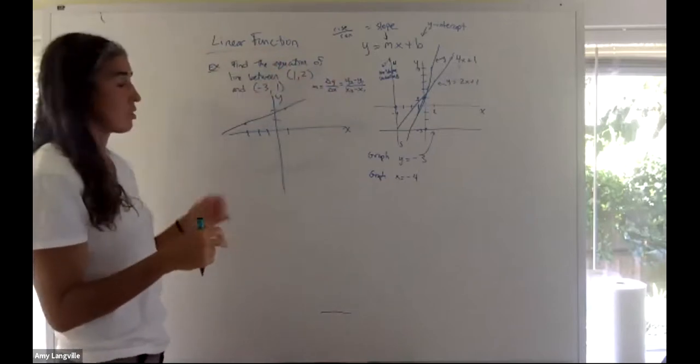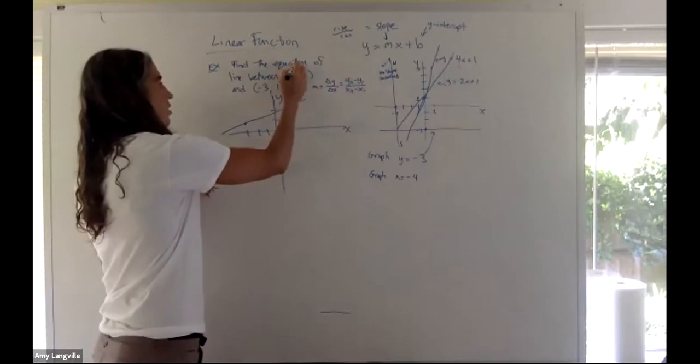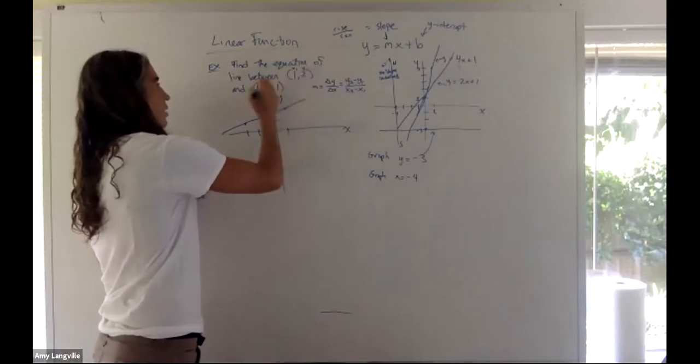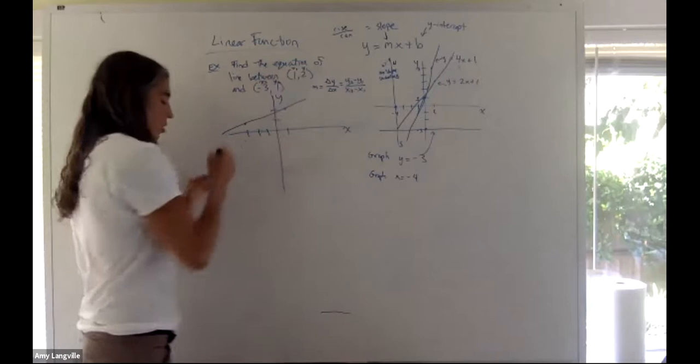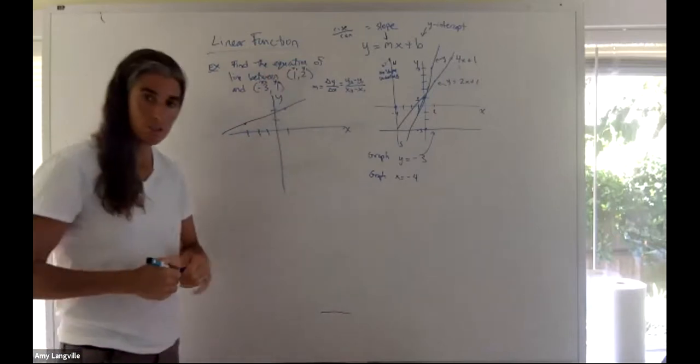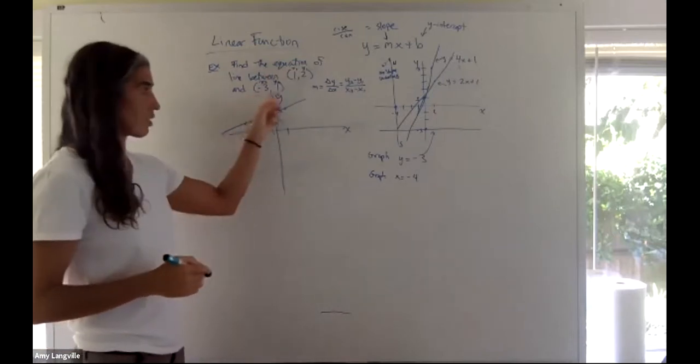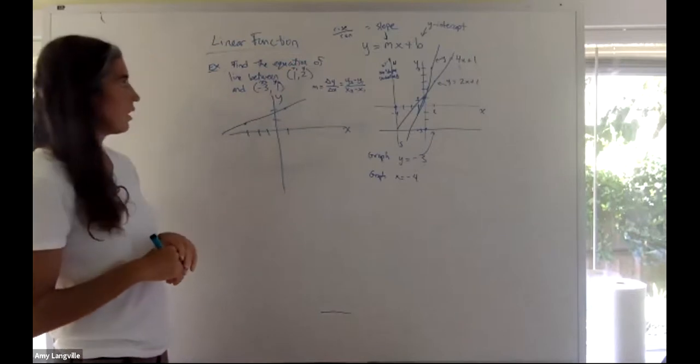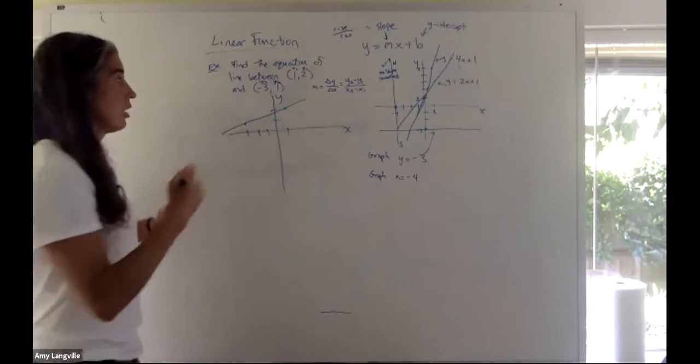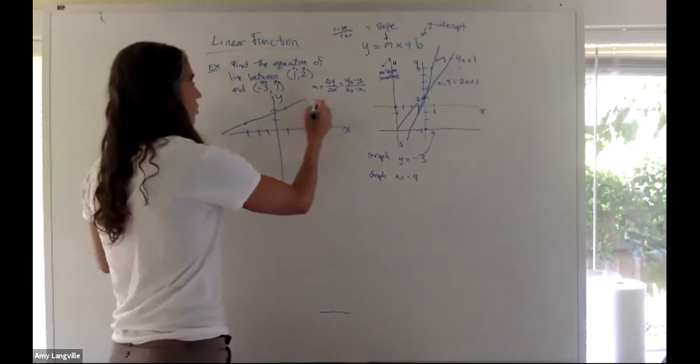It doesn't matter which one you decide to call which. So maybe we'll say this is x1, y1, this is x2, y2. We always write our points as ordered pairs. Order matters, so we do the x first and then the y. So then we can plug into this formula. Doesn't matter, again, which one you chose.